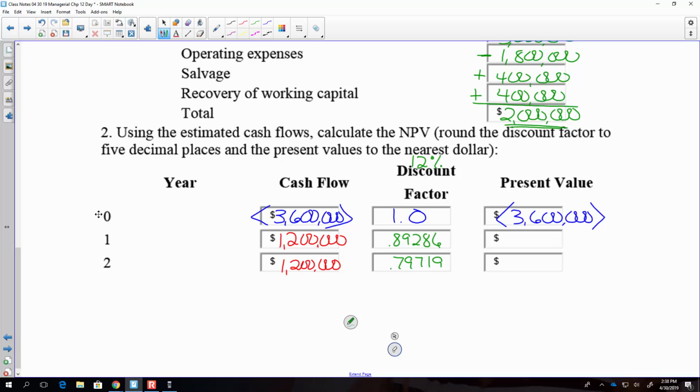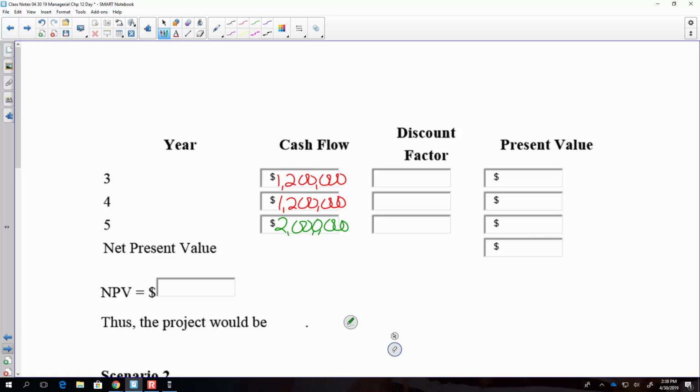So those are my discount factors. Years 1 and 2. Year 3, 0.71178, 0.63552, 0.56743 to round it out.